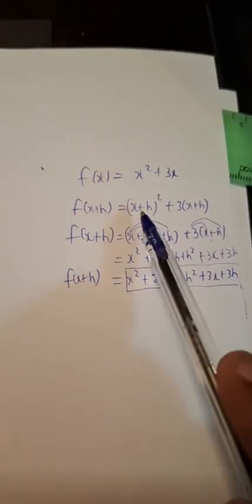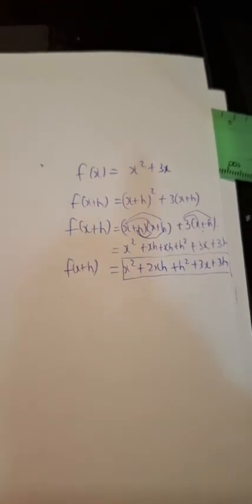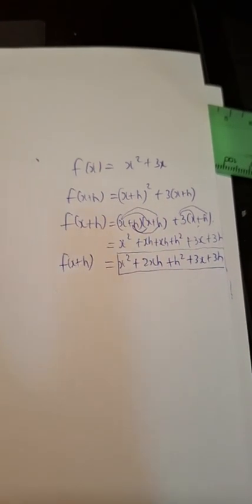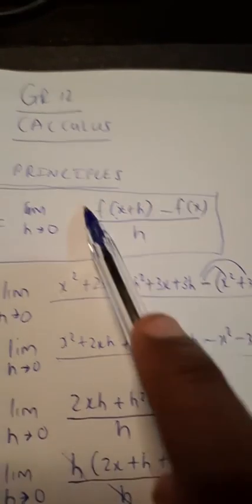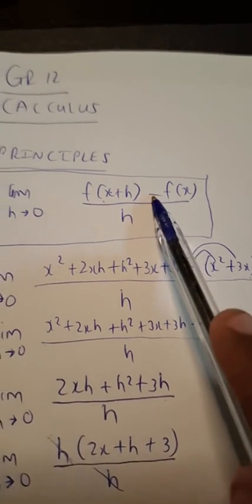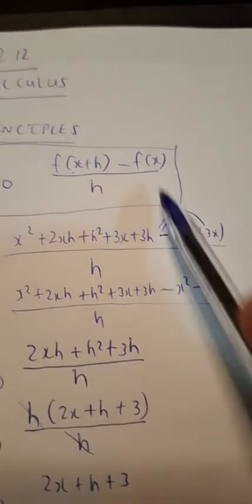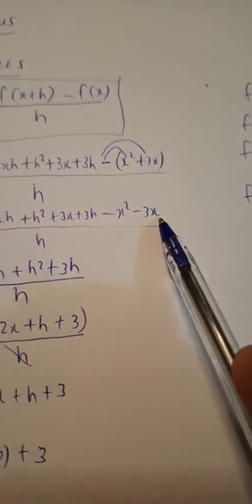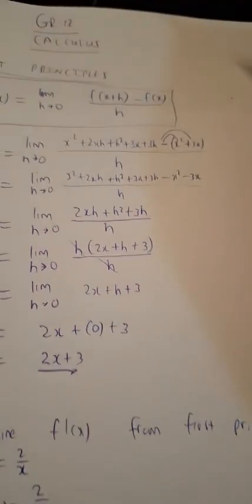Just make sure that you don't mess up when you are distributing with your signs and all of that stuff. Make sure everything is 100% okay. Then you simply go back and substitute in the place of f of x plus h and f of x. Remember this minus sign, however many terms follow f of x, you need to distribute that sign throughout, you see? And then, voila, your simplification should be good.